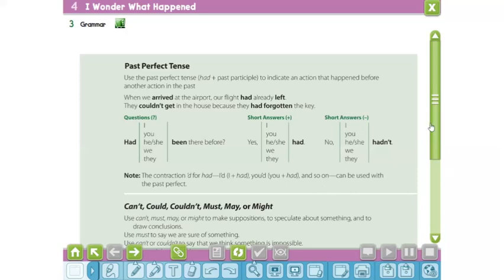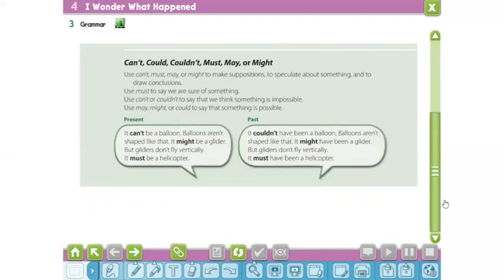Wonderful. Let's move to the second part, which is about possibility and probability. Can't, could, couldn't, must, may, or might. So we use can't, must, may, or might to make suppositions, to speculate about something, and to draw conclusions.